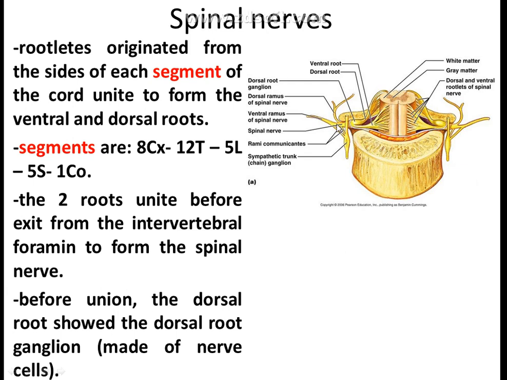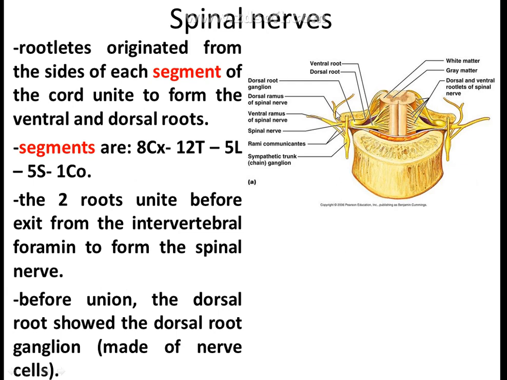After exiting from the intervertebral foramen, the figure shows that the spinal nerve will soon divide into a ventral ramus and a dorsal ramus. And again, each of the ventral and dorsal rami are mixed nerves, sensory and motor.